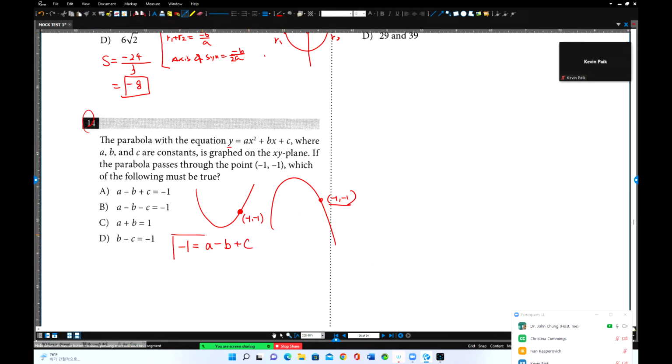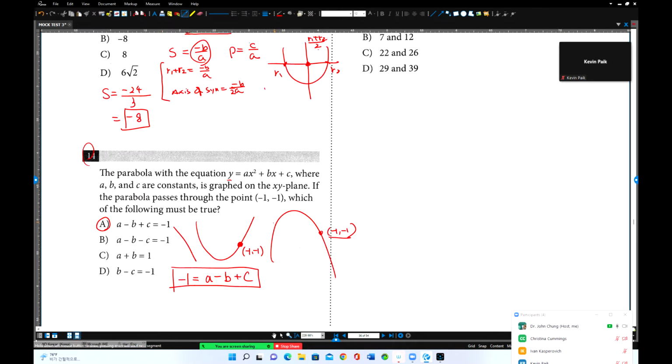It should be true, like this one, okay? So a minus b plus c is negative 1. That is exactly equivalent, okay? Choice A is the answer. That is number 14, okay? If you guys have any questions, you can stop me and ask me, okay?